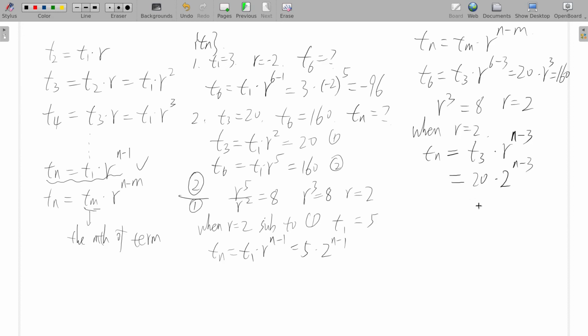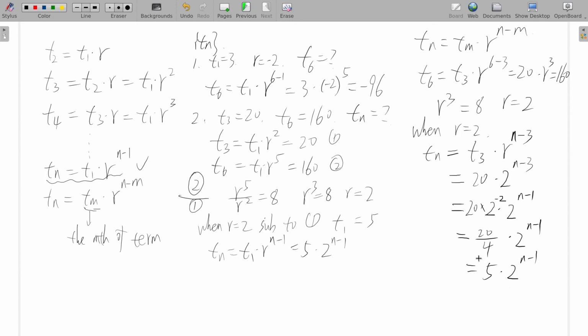If we want to simplify to the power of n minus 1, here that is 20 times 2 to the power of negative 2. So it equals 20 over 4 times 2 to the power of n minus 1. So it equals 5 times 2 to the power of n minus 1.